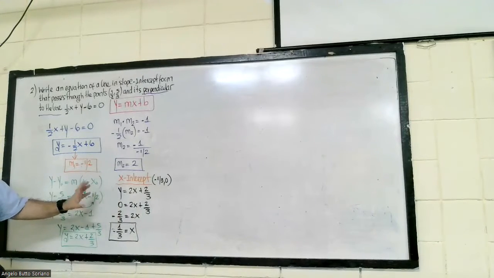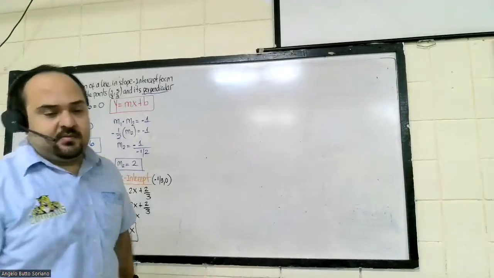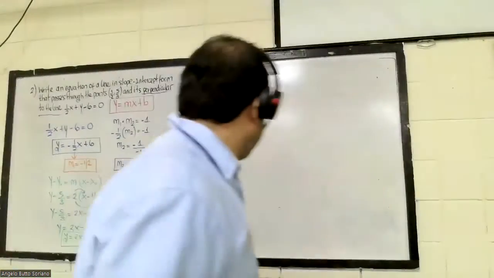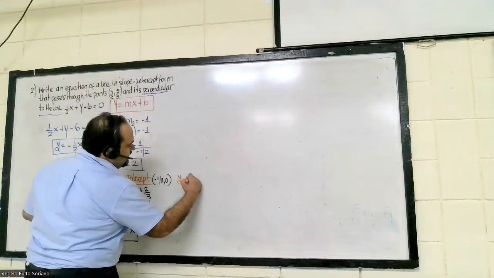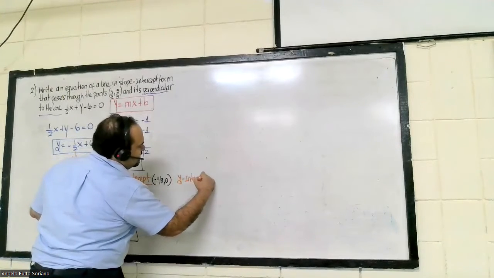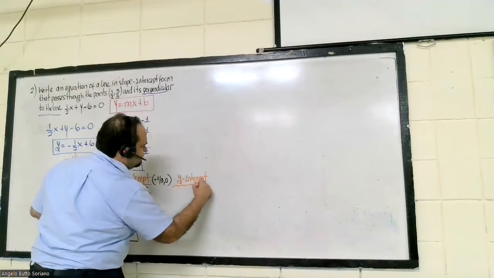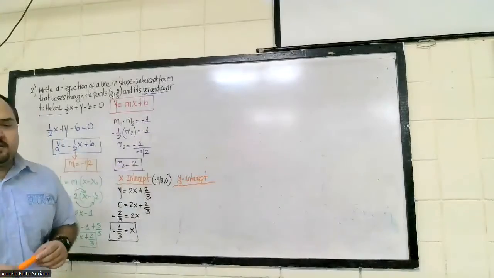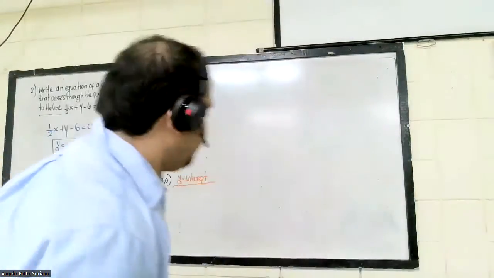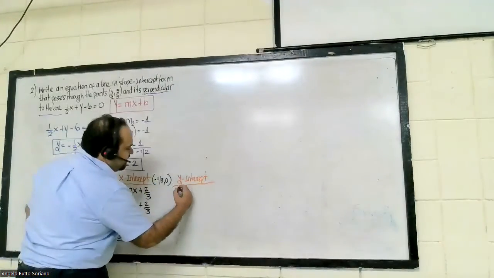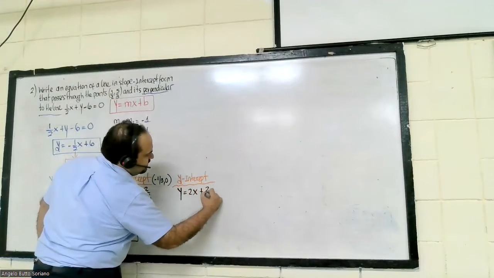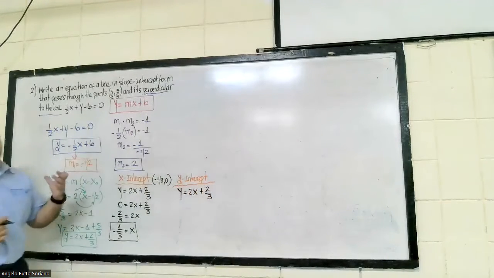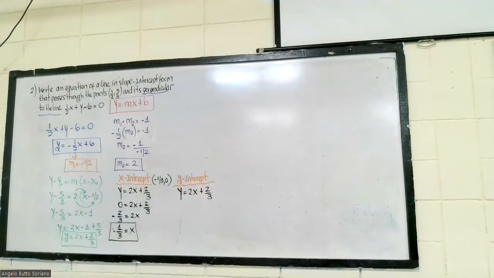Now, let's check with the y-intercept. We're using the second equation. The y-intercept, remember, I'm going to copy once again the same equation: y equals 2x plus 2/3. This time, the y-intercept means the graph touches the y-axis. What does that mean?